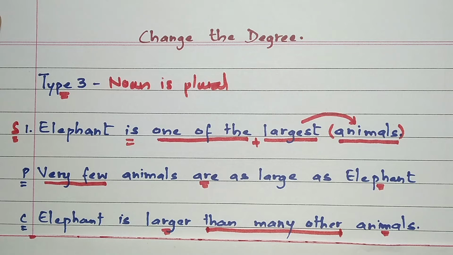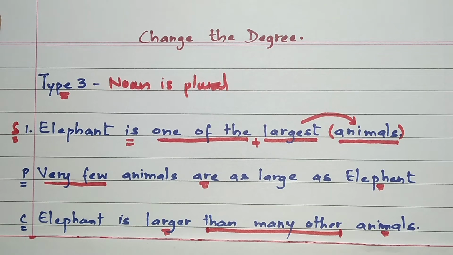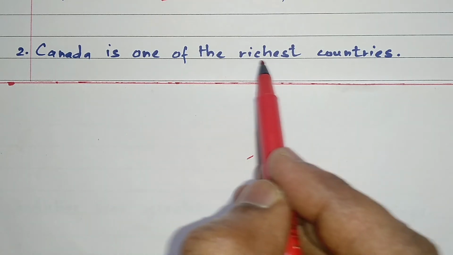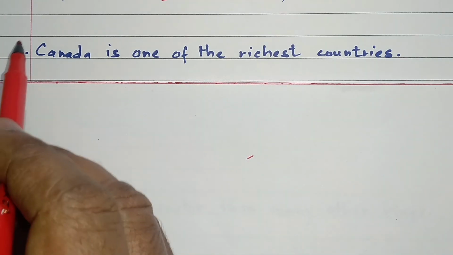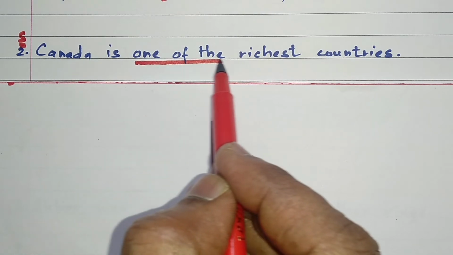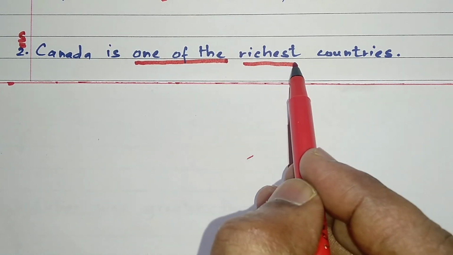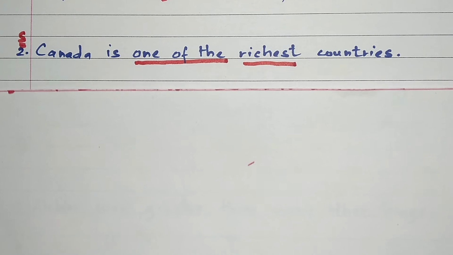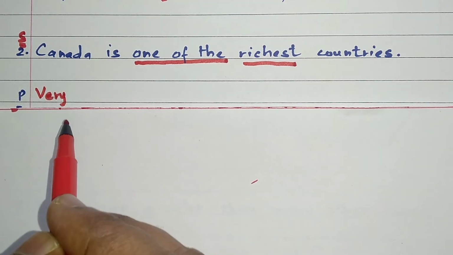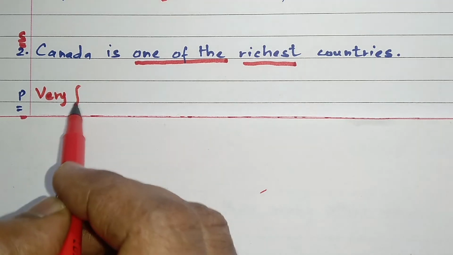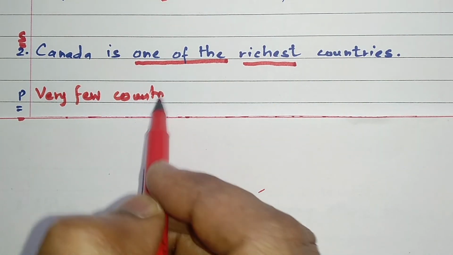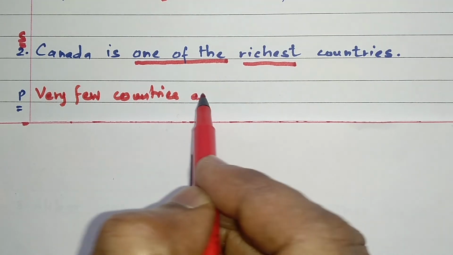Now friends, let's do another example of the same type. Canada is one of the richest countries. Richest is the superlative degree adjective. That means this is a superlative degree sentence. Look at the construction, one of the plus superlative degree adjective. So let's write the positive degree now. Positive degree we have to begin with very few. So very few, then the noun, that is countries, are.